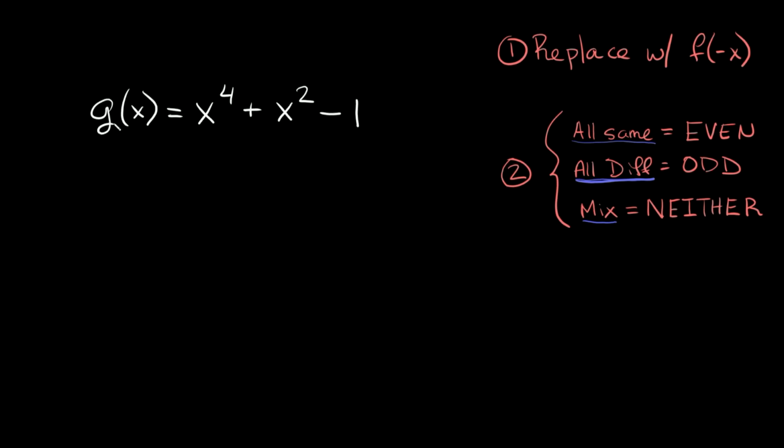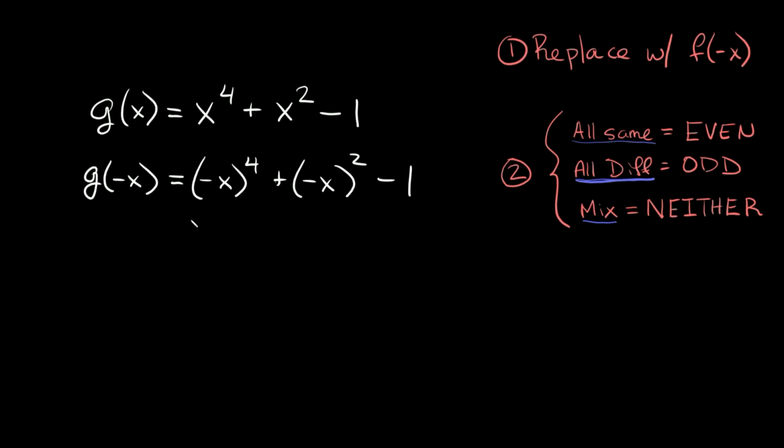All right, let's try another one. So here we have g of x is equal to x to the 4th plus x squared minus 1, right? So again, the first thing we want to do is just replace f of x, or in this case, g of x, with g of negative x. So we're going to have g of negative x is equal to negative x raised to the 4th plus negative x squared minus 1.